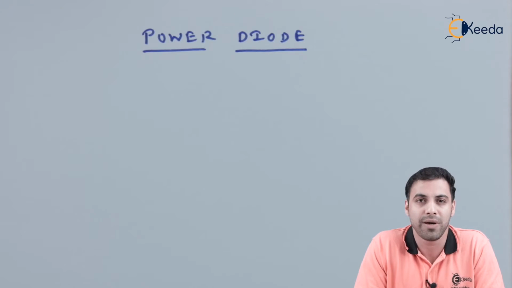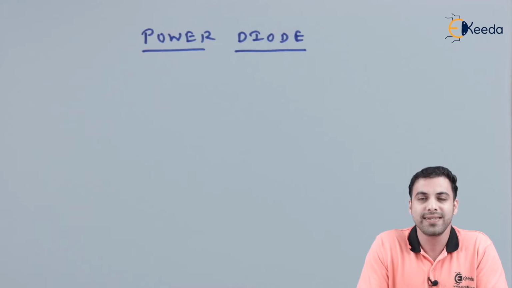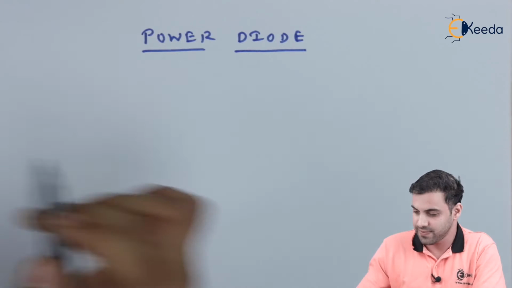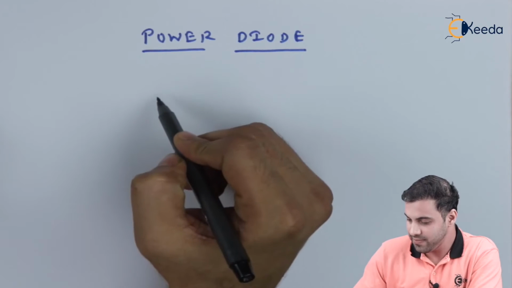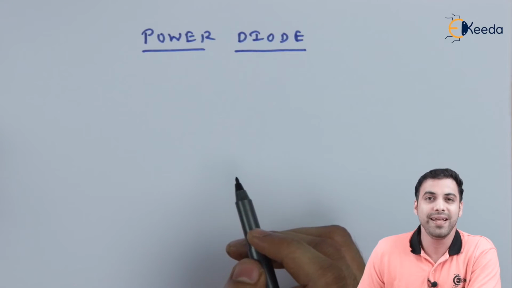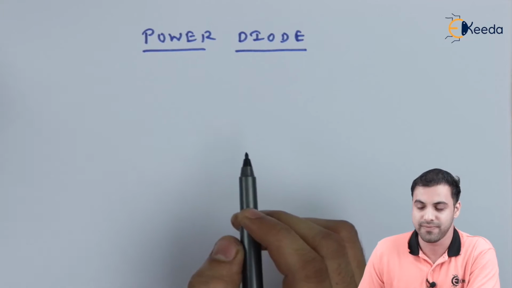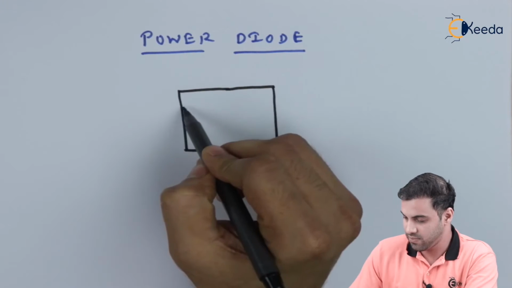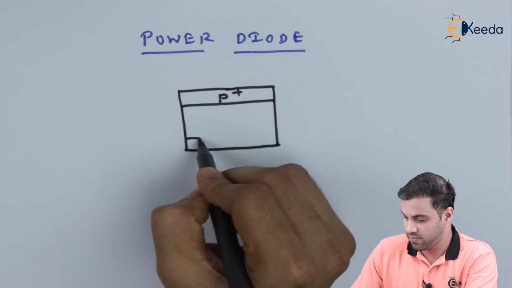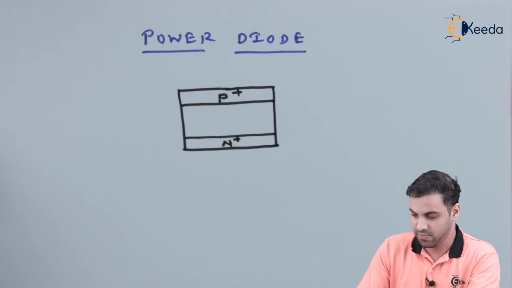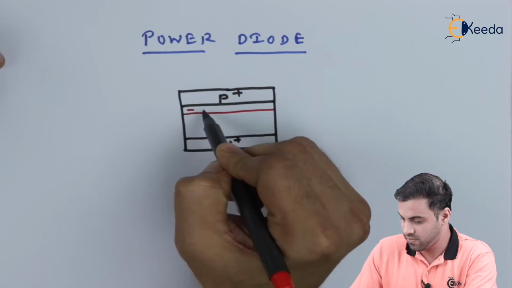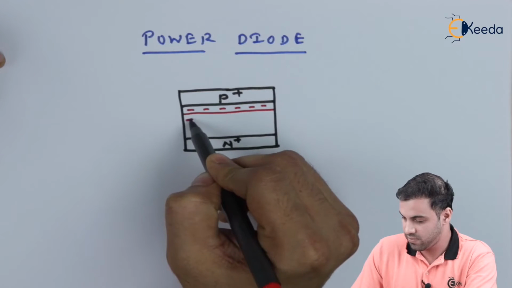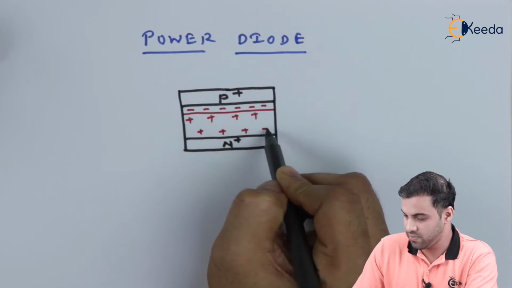So let's see how a power diode is formed. As I explained earlier, let's draw the p-n junction diagram of a power diode.